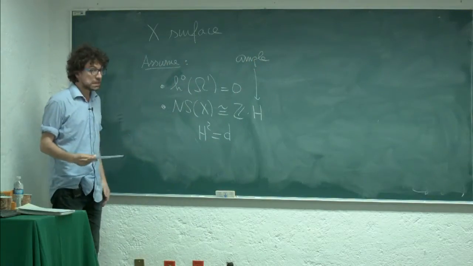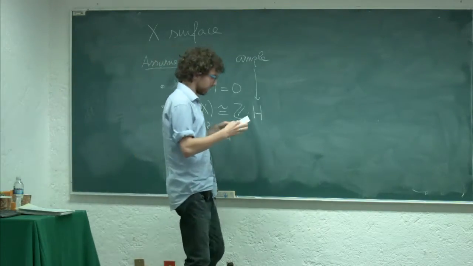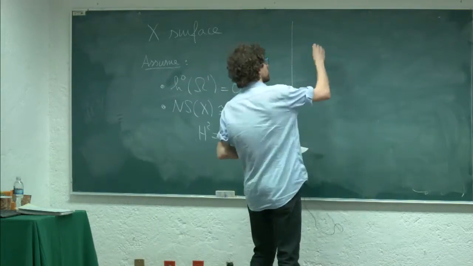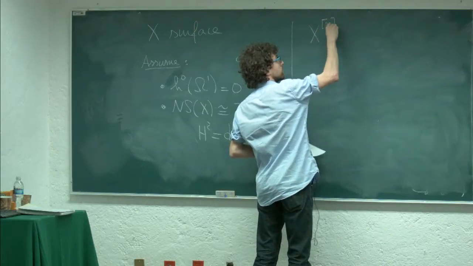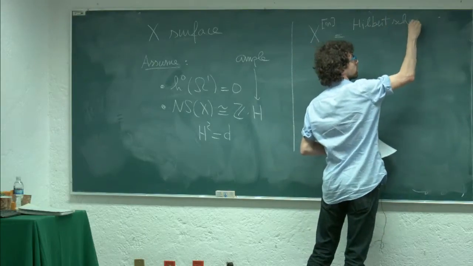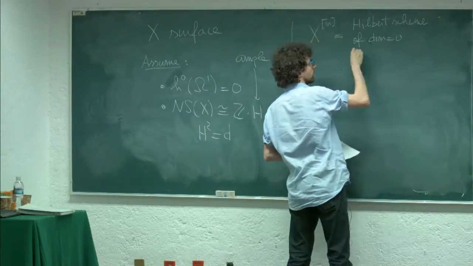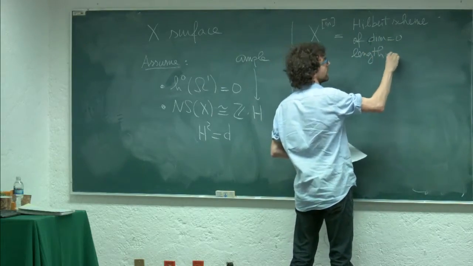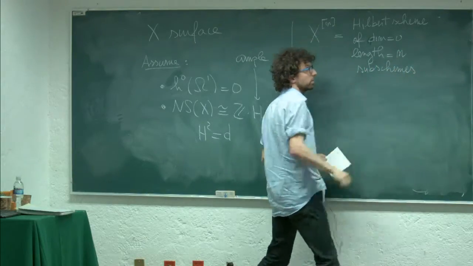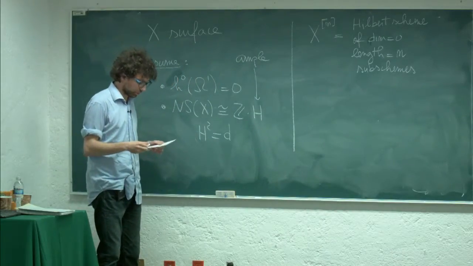So what I want to do is apply all the things we saw before to study one particular moduli space, which is the Hilbert scheme. I'm looking at X^[n], the Hilbert scheme of dimension 0 and length n subschemes. A generic point is n distinct points on the surface, or in general some zero-dimensional subscheme supported somewhere.